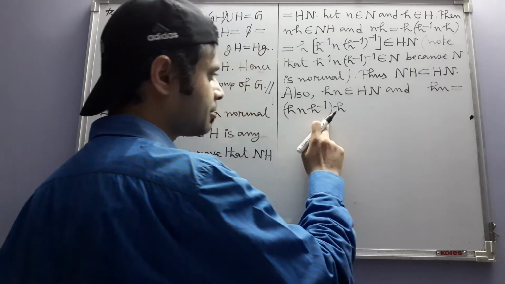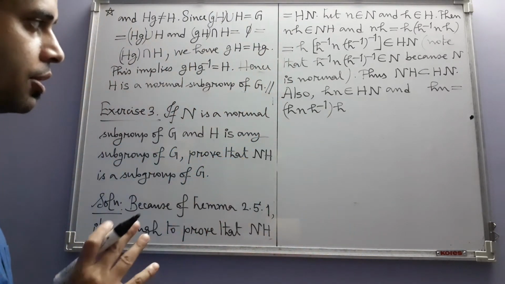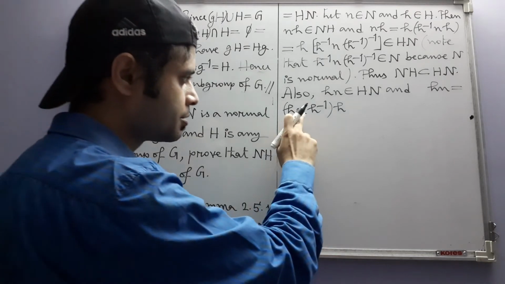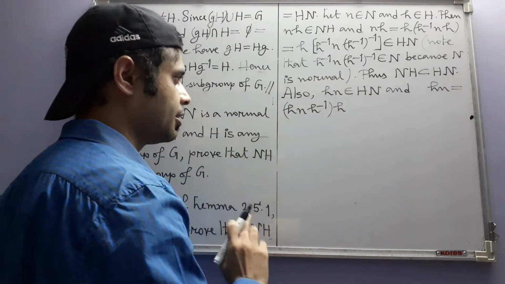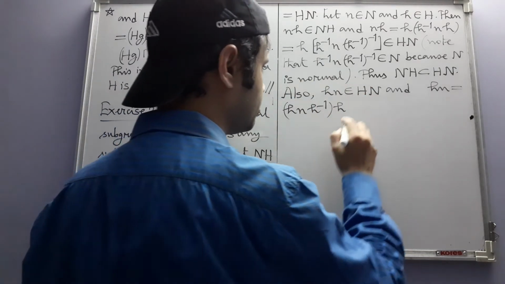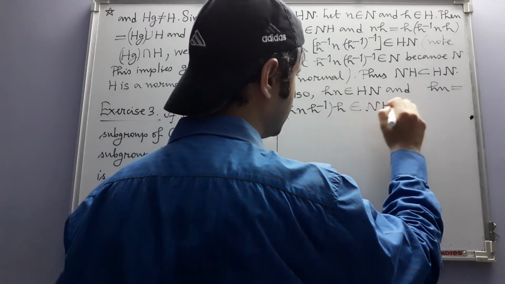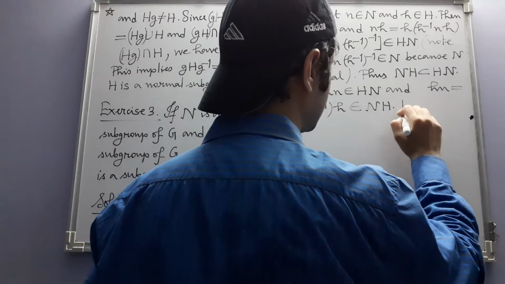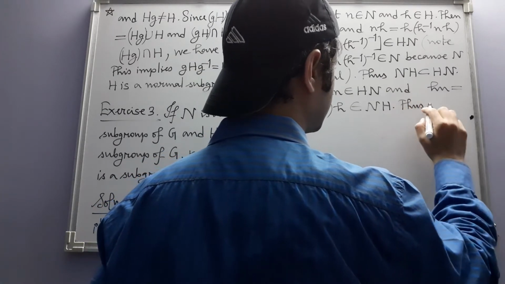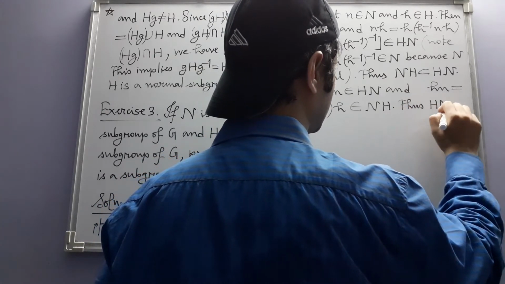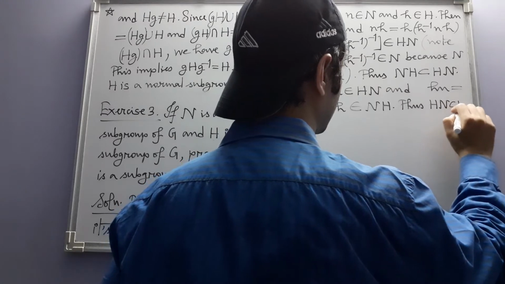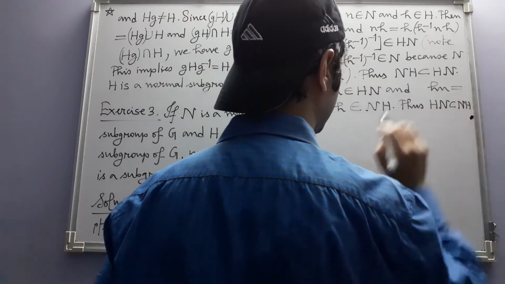Now this part belongs to N, because again N is normal and this middle element n is coming from capital N, and this of course belongs to H, so this belongs to NH. Thus HN is also contained in NH.